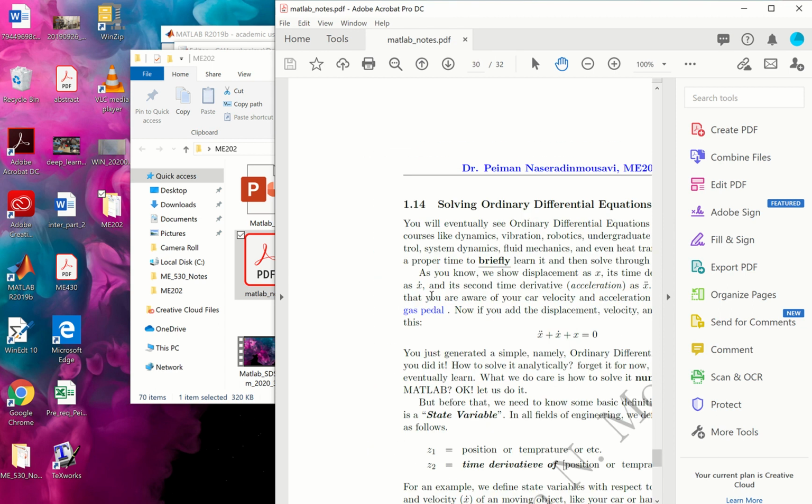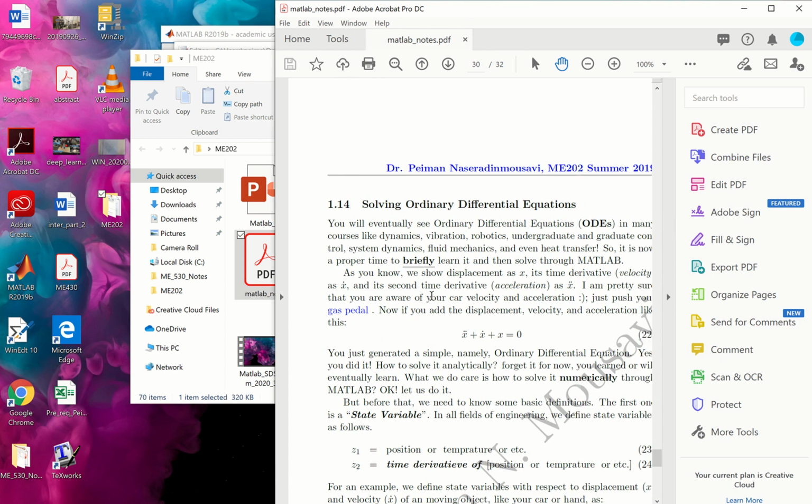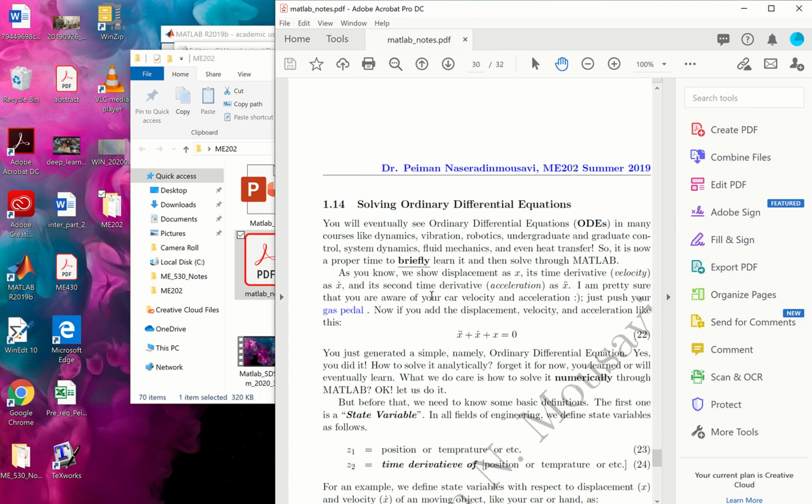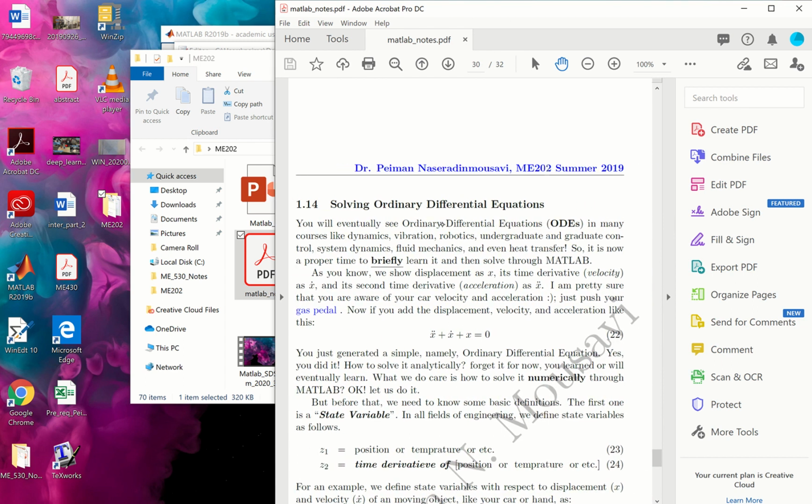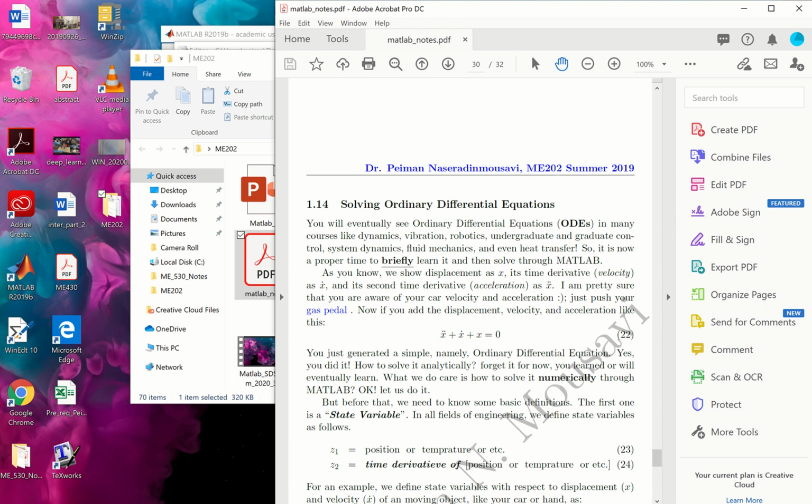So solving ordinary differential equations. You will eventually see ordinary differential equations in many courses like dynamics, vibration, robotics, undergraduate and graduate control, system dynamics, fluid mechanics, and even heat transfer. So it is now a proper time to briefly learn it and then solve through MATLAB.